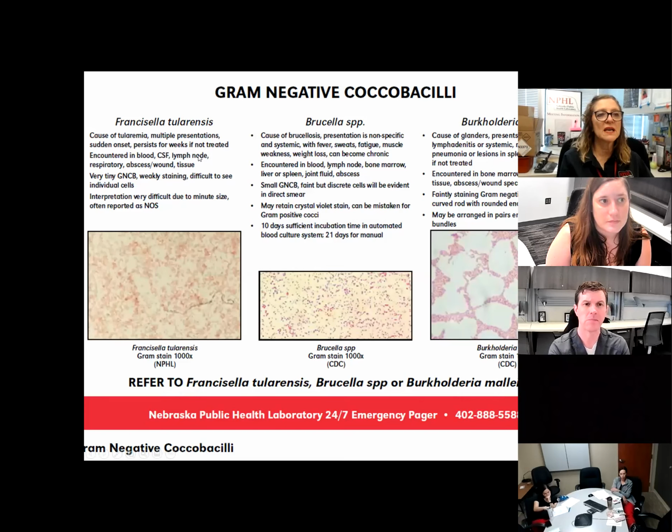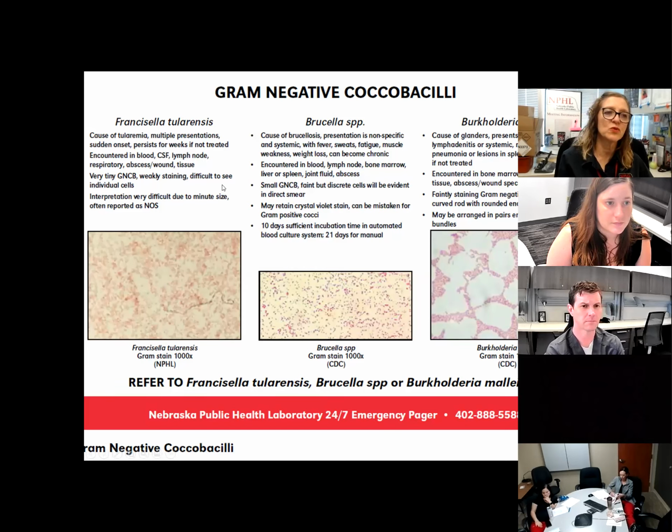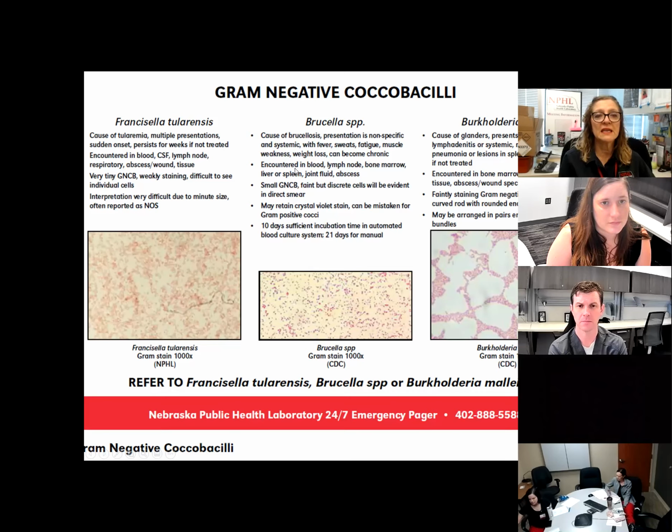And here's the gram-negative coccobacilli. Here's some of the clinical sides of it: sudden onset, if it's in blood or lymph node, very tiny, weak staining, difficult to even see individual cells, then you might have a Francisella versus a Brucella, which causes a lot of different types of outcomes. Clinically, it might have a lot of different things wrong with the patient. And the doctor has asked you specifically for bone marrow to be put in blood bottles.